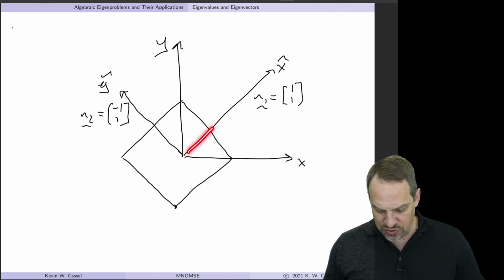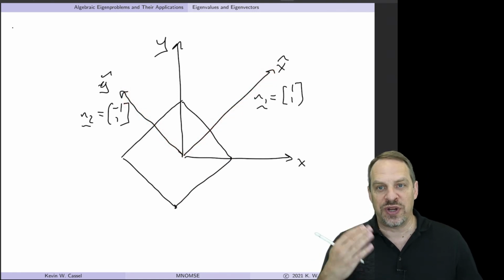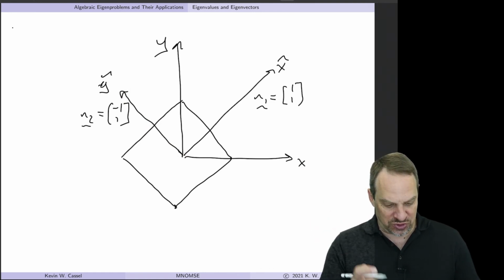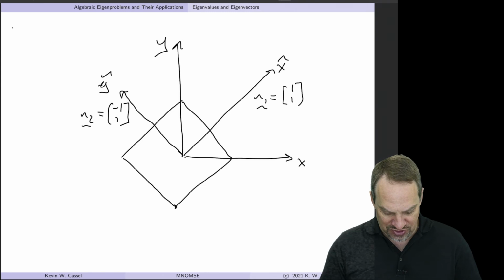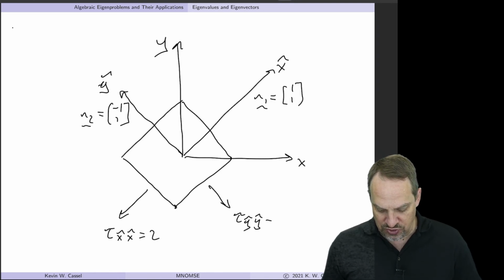So these are the principal axes. They give us the directions of the orientation for which we only have normal stresses, and the normal stresses themselves are perpendicular to these faces. So tau x hat was equal to 2, and tau y hat was equal to 4.